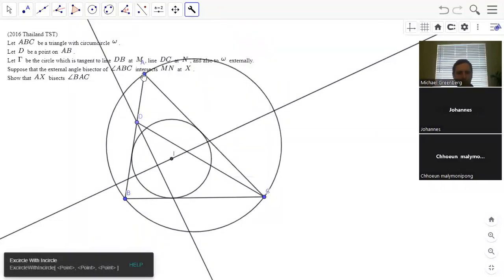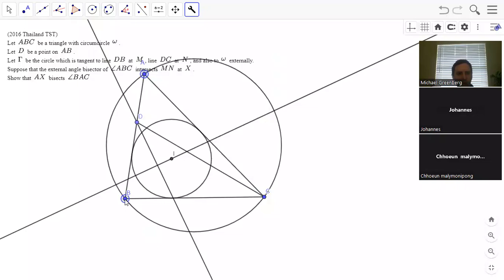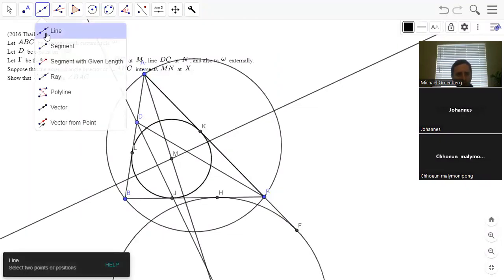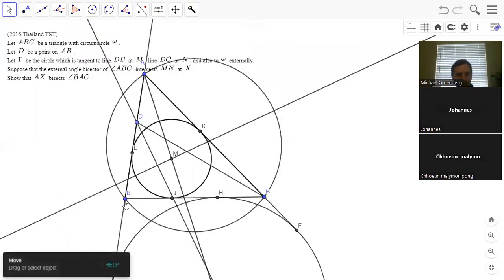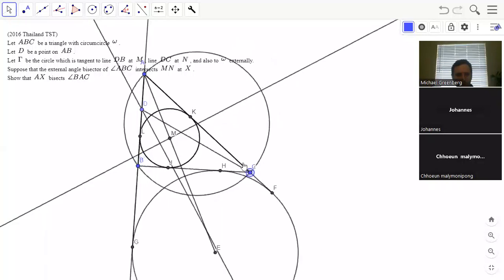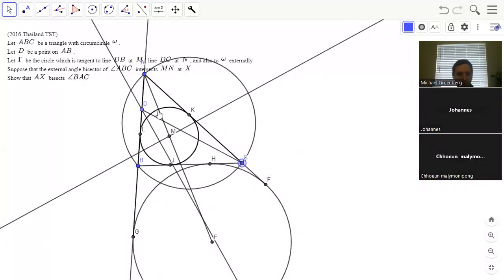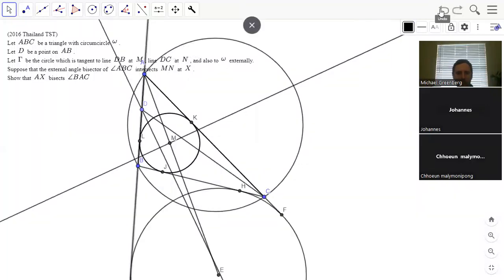Let's do that. There's point G. Oh, it already gives me point G actually.